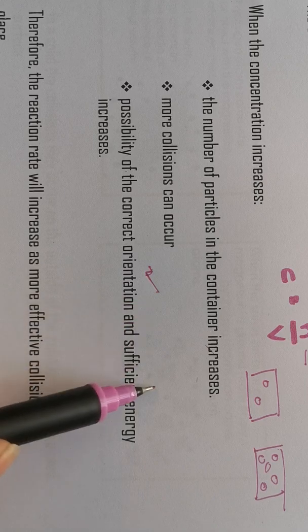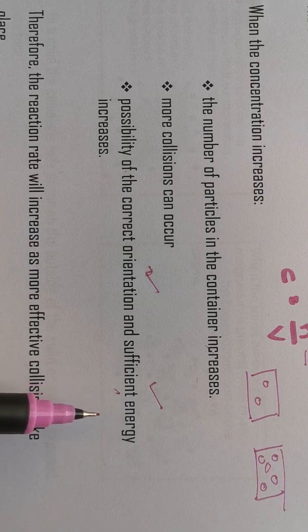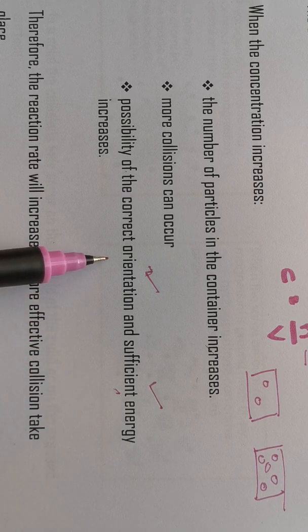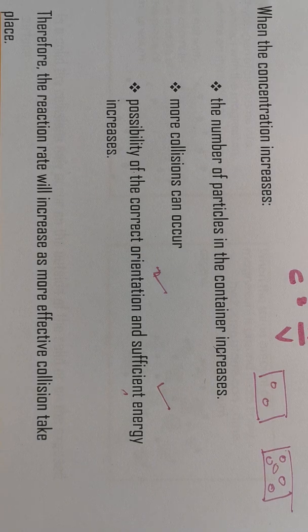And remember, these two concepts are the two concepts that are important for reaction rate, because collision theory says that I must have the correct orientation and I must have sufficient energy for each of the particles. Okay, so that means that the reaction rate will increase and more effective collisions will take place if we have an increase in concentration.